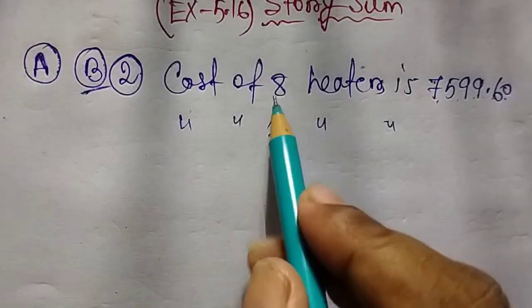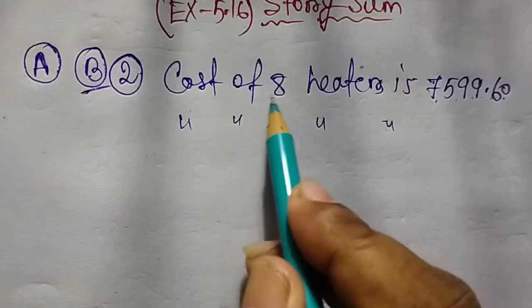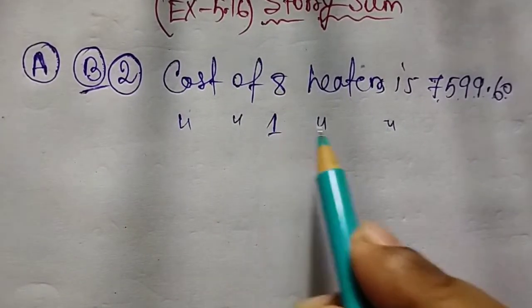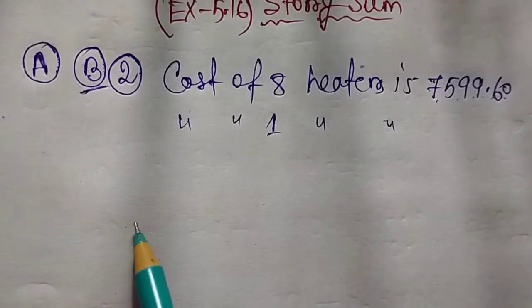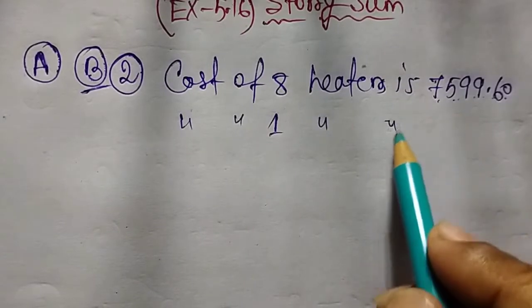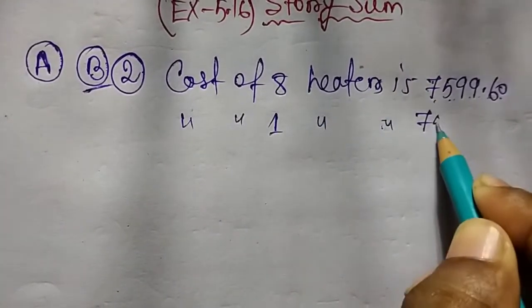So if I asked you, the cost of 8 pins is 16 rupees, what is the cost of 1 pin? You can easily say it, the cost of 1 pin is 2 rupees. So in this case we have to divide.